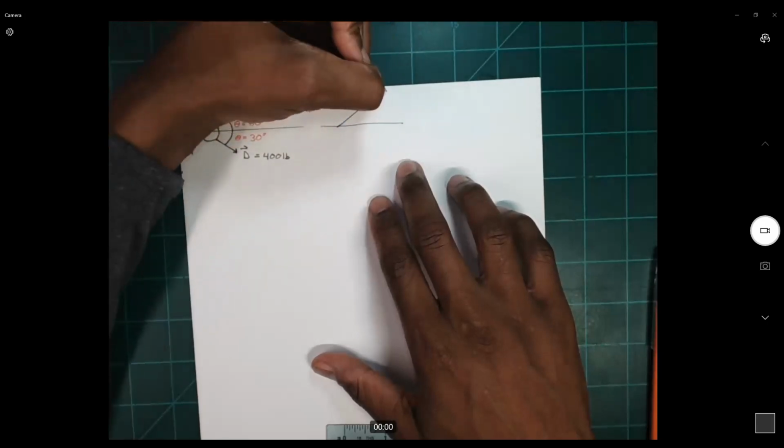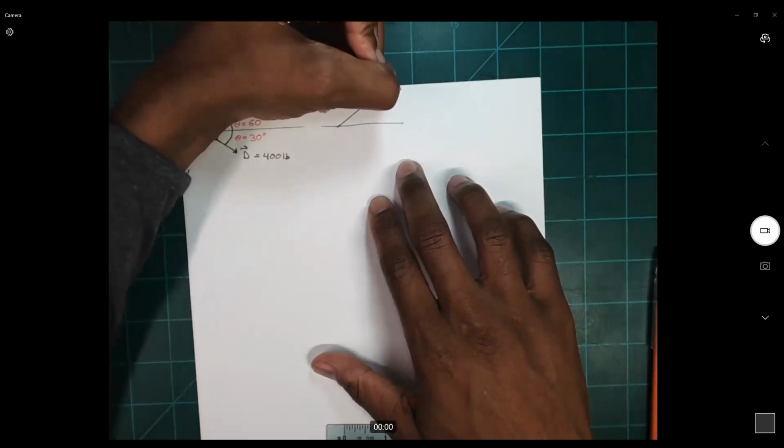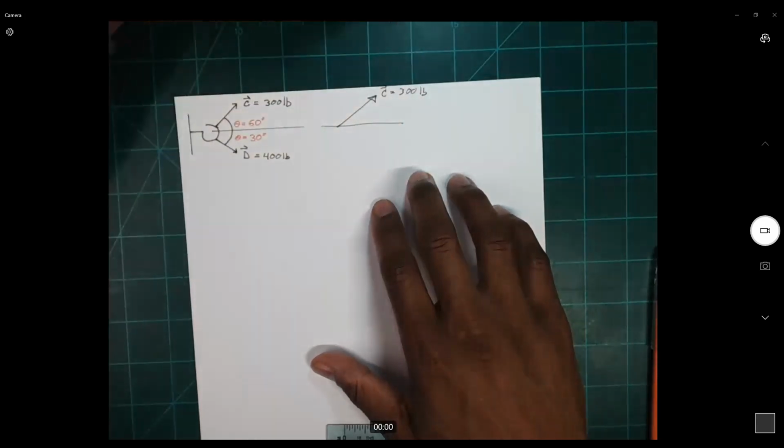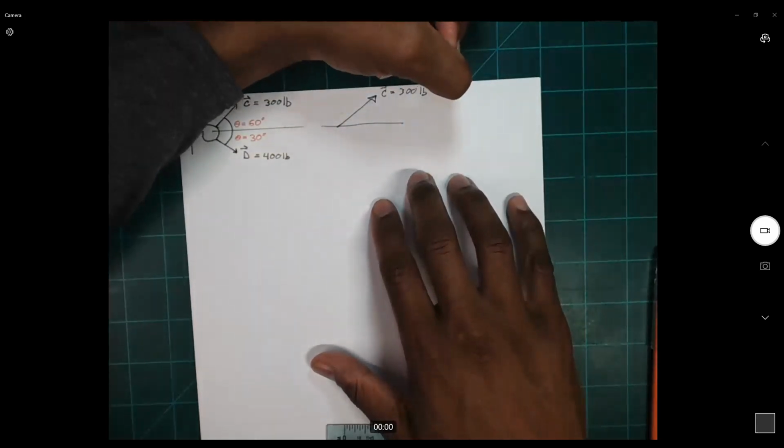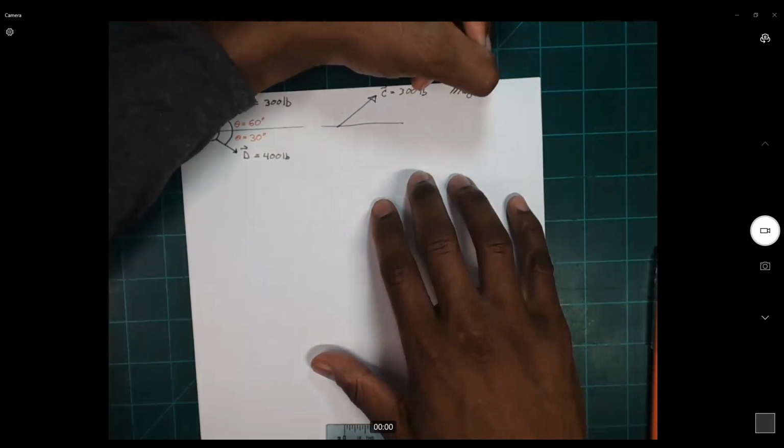We're going to say this is vector C, 300 pounds, and our magnitude equals 300 pounds.